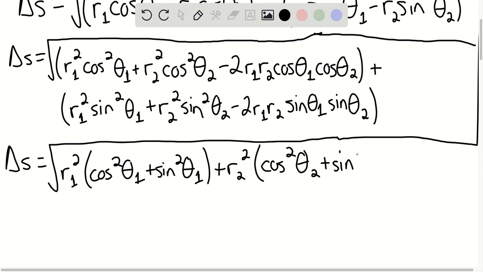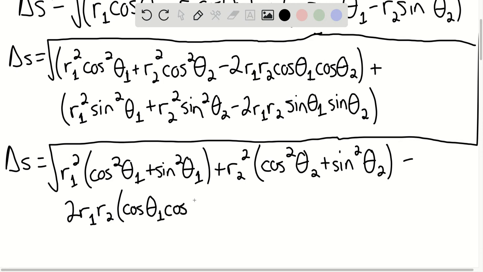Plus r sub 2 squared times cosine squared of theta sub 2 plus sine squared of theta sub 2. Again, they have the same angle, so this is going to be equal to 1. And then here we are left with essentially minus 2 r sub 1, r sub 2, my apologies, cosine of theta sub 1, cosine of theta sub 2, plus sine of theta sub 1, sine of theta sub 2.